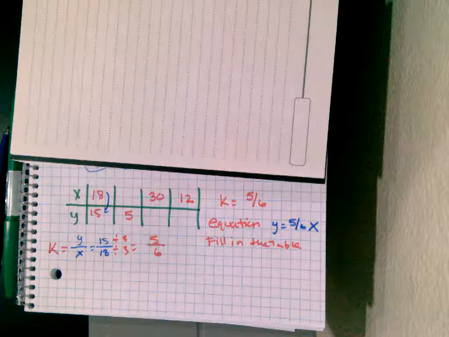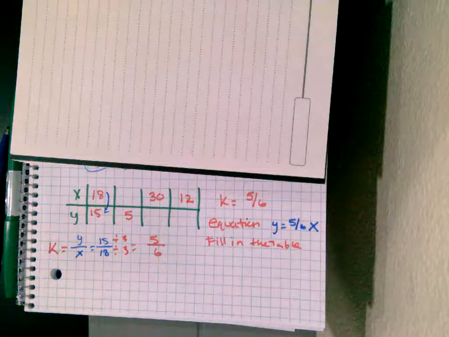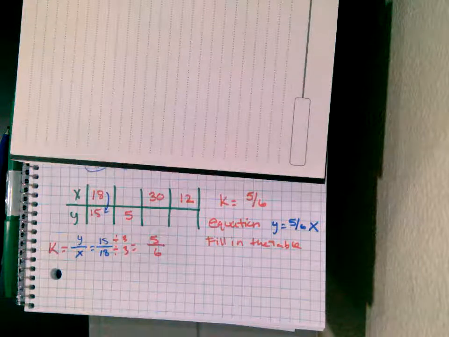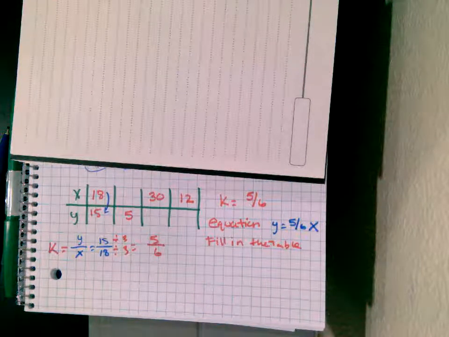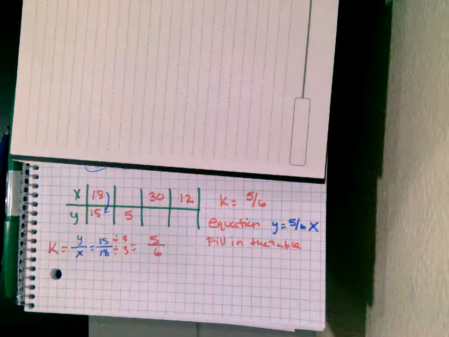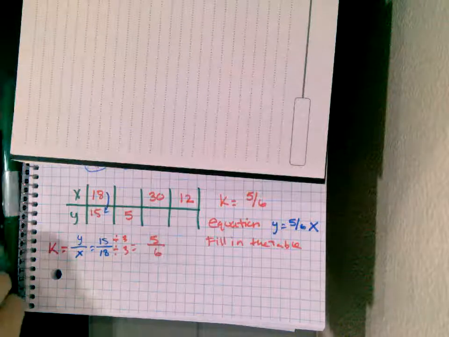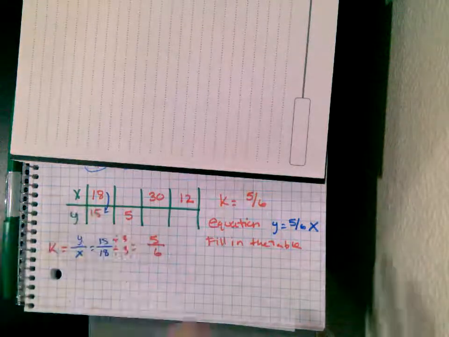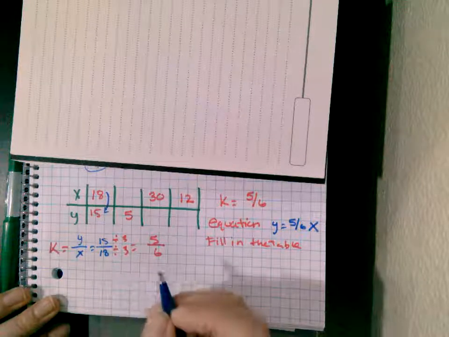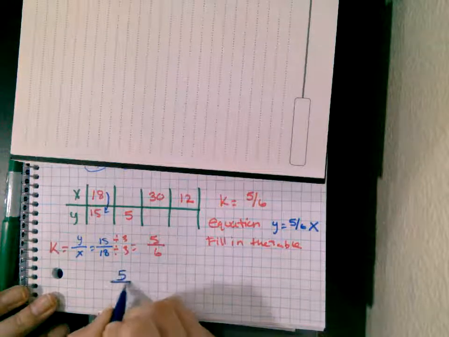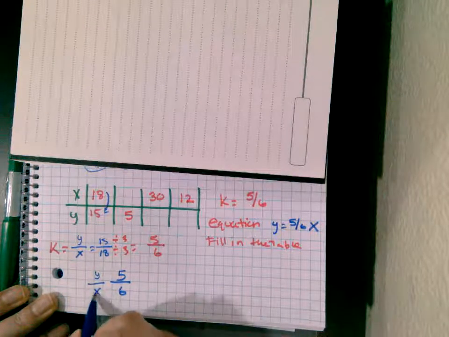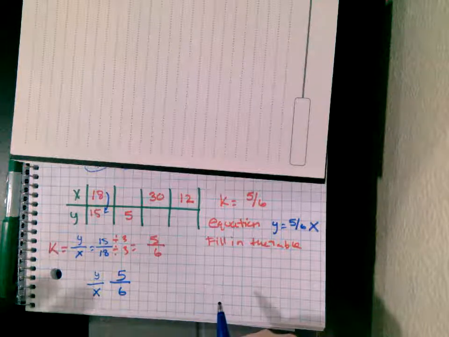How are we going to fill out this table, guys? Any ideas how to fill out this table? All right. So, there's a couple of ways to do it. This is one way. So your unit rate is 5 over 6. 5 represents your y, 6 represents your x, right? Follow me so far?